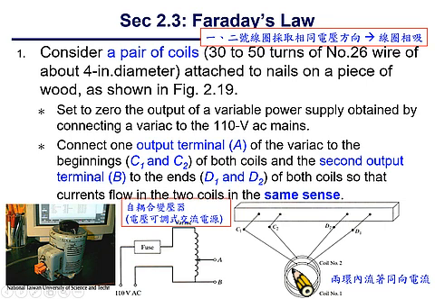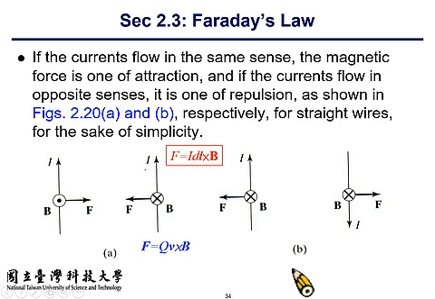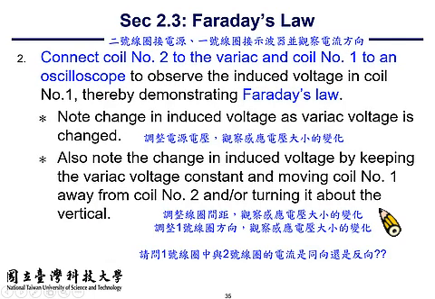So the first case, if the two currents are of the same direction, they will attract. The second case, if they are of opposite direction, they will repel. Okay, so this is what we have here. Next.